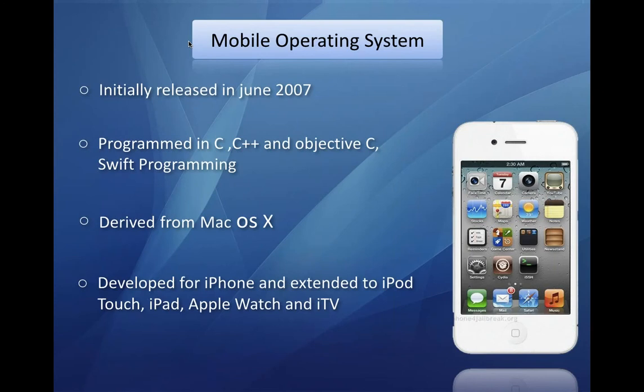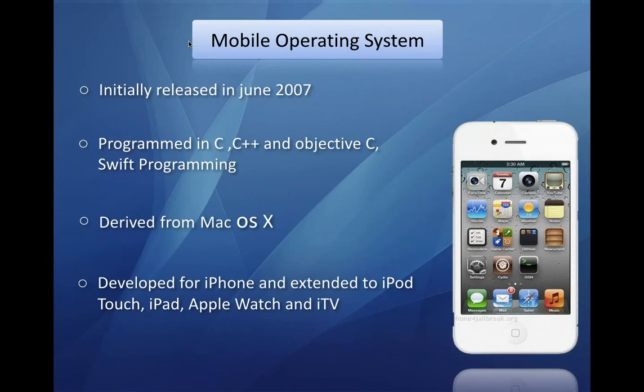You can see it is derived from Mac OS X. What does that mean? iOS is 100% derived from Mac OS X. Mac OS X is meant for developing Mac applications, so you can understand that iOS is inherited from Mac OS. All the features in Mac OS, you can get mostly in iOS as well.